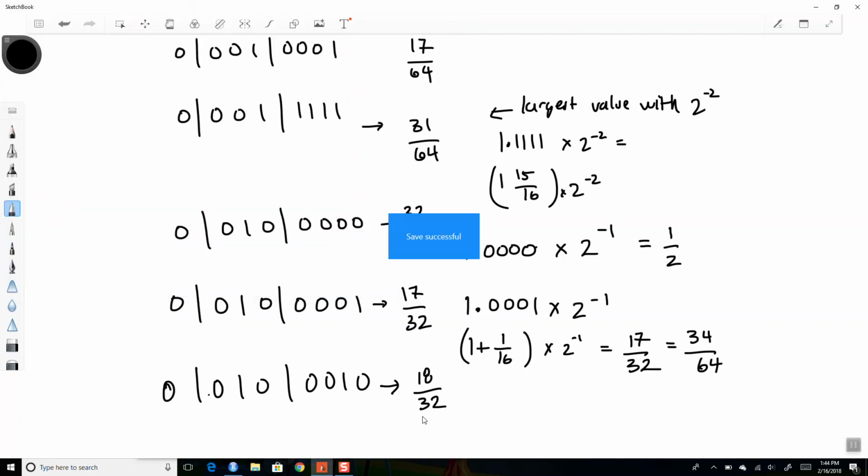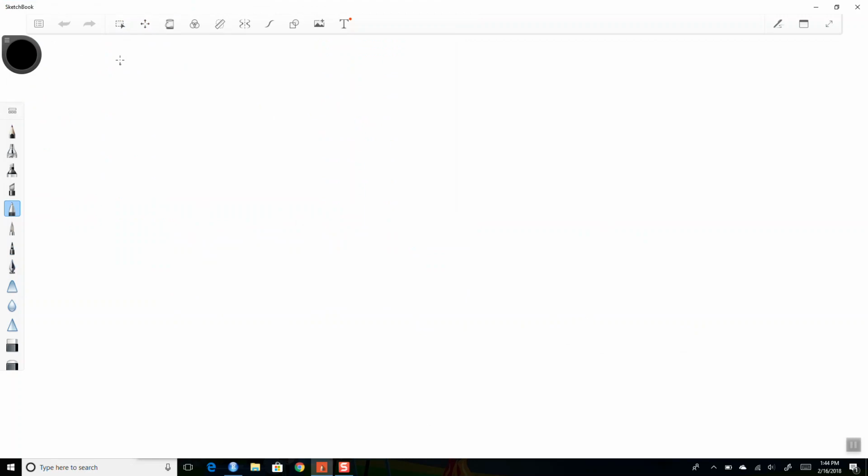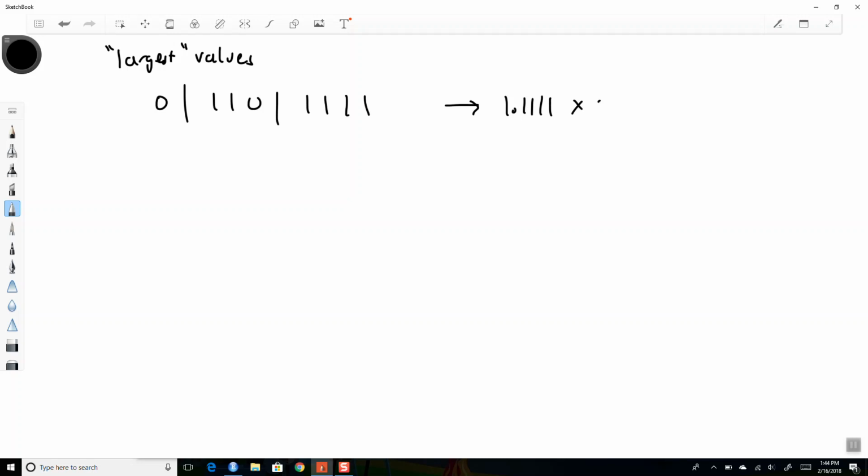And when we get to our quote-unquote largest values, we said our largest value was going to be 1101111, and we said this was 1.1111 times 2 to the third, which is 1 and 15/16 times 8. And we said this is 15.5, right?